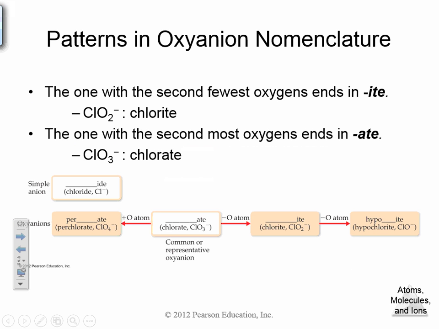Here's just updating the idea of chlorates and chlorites and the examples. Now, when we talk about naming acids, remember last year when we named acids, we based it on the base ate. You're always going to look off of the base ate.